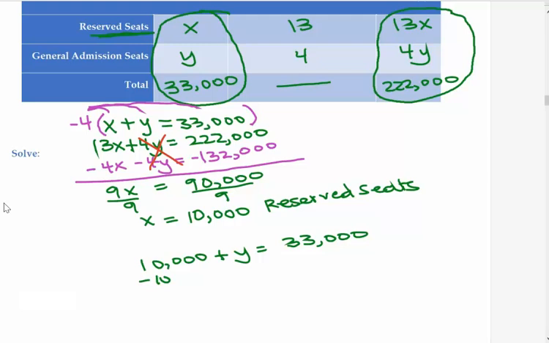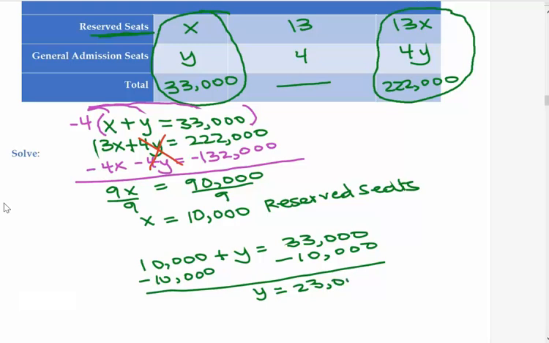And then I just need to subtract that 10,000 over. And so I'm left with y equals 23,000. And these are the general admission seats. Okay, and so those are my answers here.